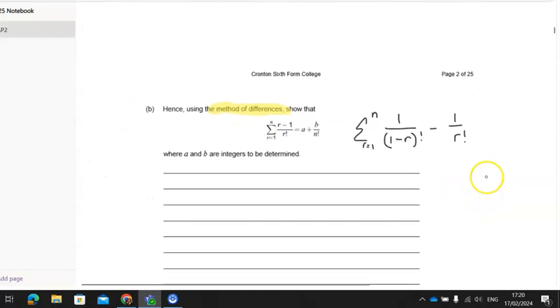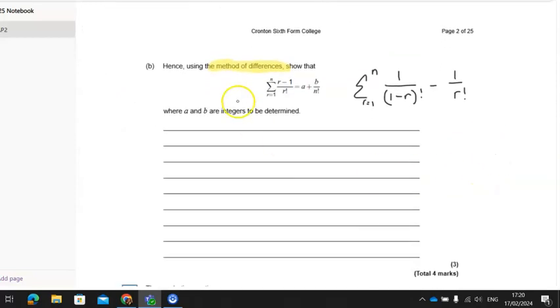Okay, right, now method of differences you should be familiar with. So we start off when r equals 1. This is equal to 1 over 0 factorial minus 1 over 1 factorial. So we're just subbing r equals 1 into this formula here. And then because we're summing, it'll be that plus, and then we sub in r equals 2.